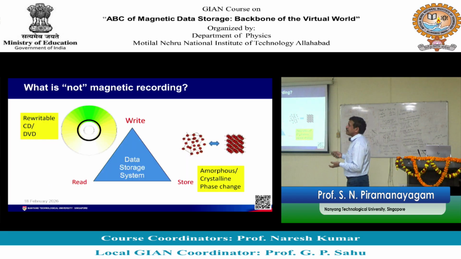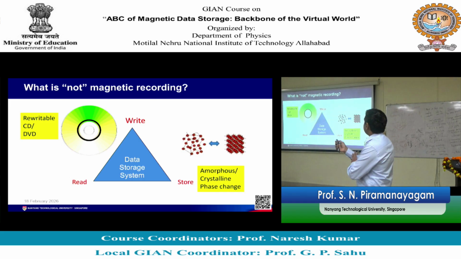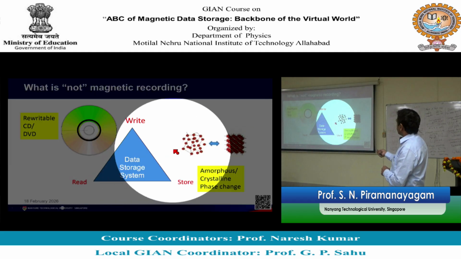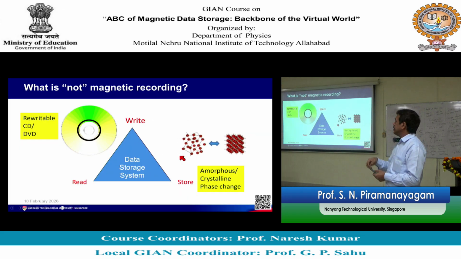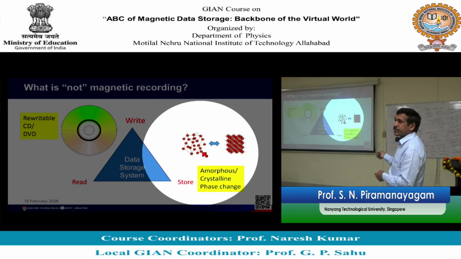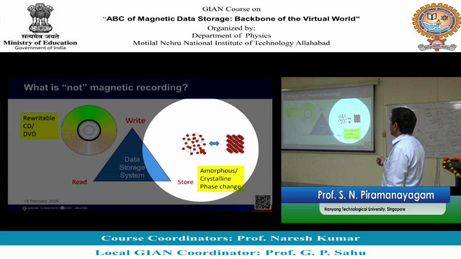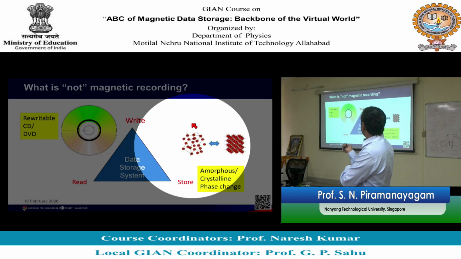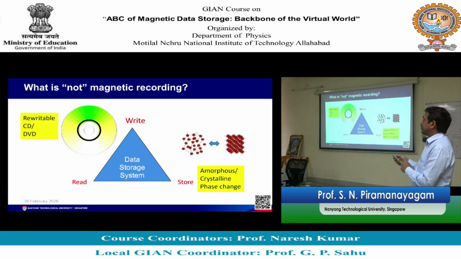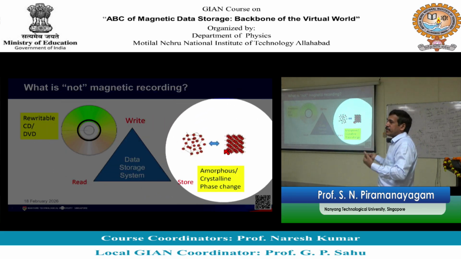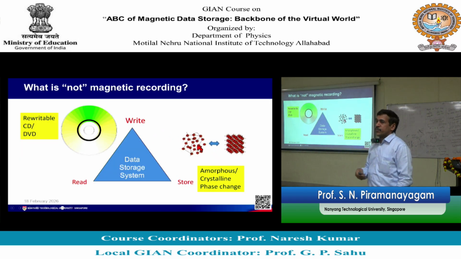If you take a CD or DVD, for example, if you read the information using a laser, you'll have different kinds of reflection or other optical properties that you can use for detecting 1 and 0.